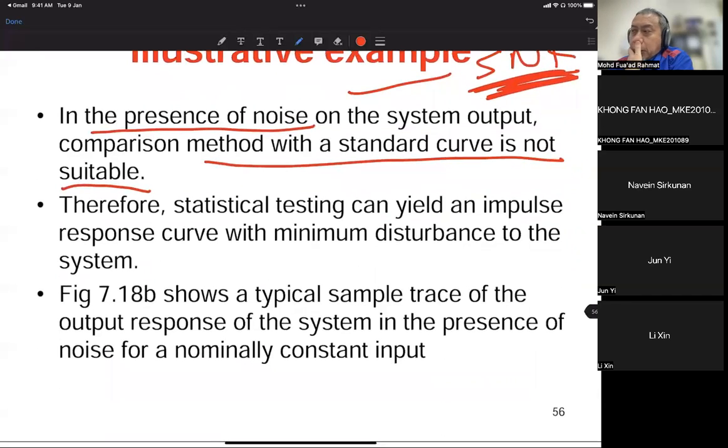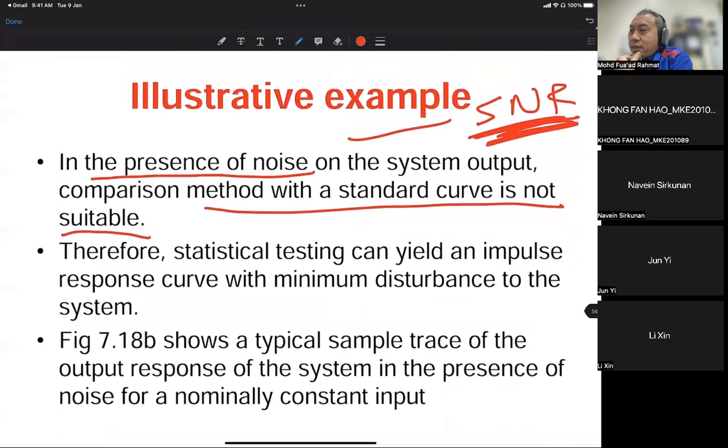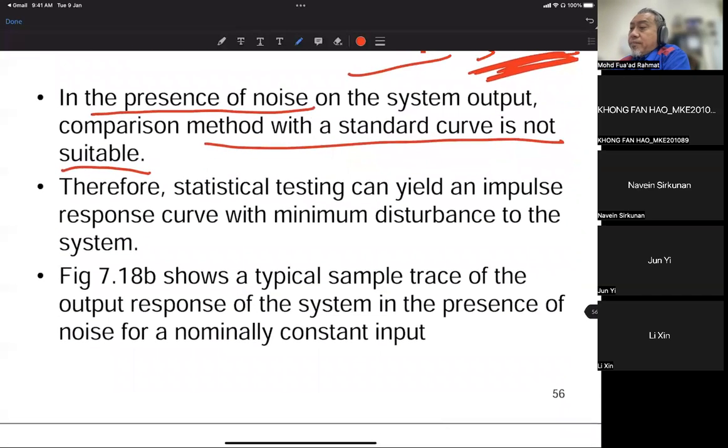But if the noise is very big and the SNR is very small, we have to think twice, because the system has a lot of noise inside. Therefore, statistical testing can yield an impulse response curve with minimum disturbance to the system. That's why we apply statistical testing, correlation testing.